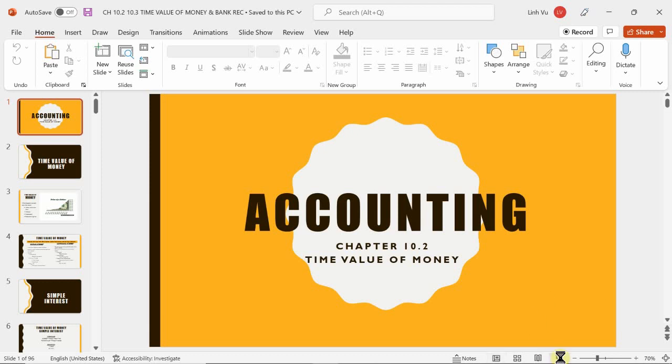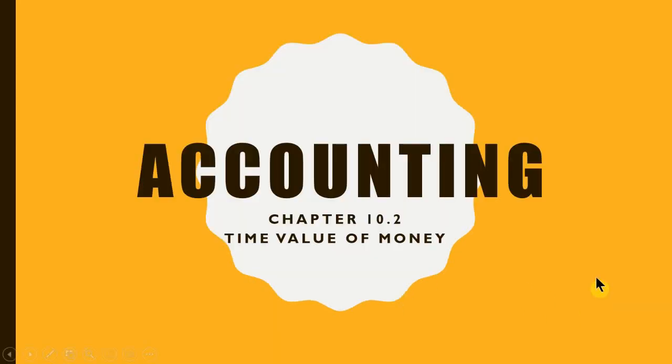All right. So 10.2, time value of money. So, for instance, what is this going to be about? Since we've gone through cash, we've gone through dealing with receivables, this section, time value of money, is where we are going to be taking a look at investments and loans.